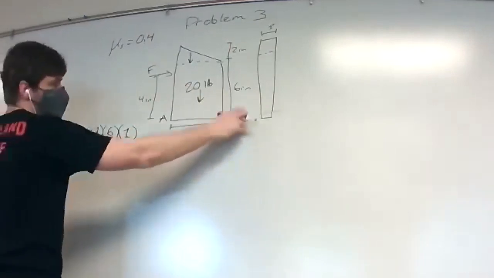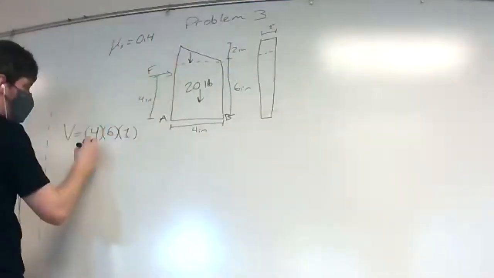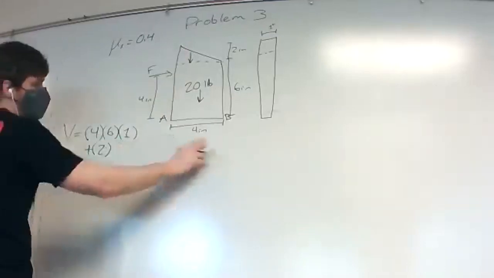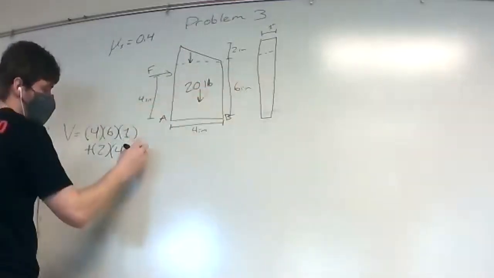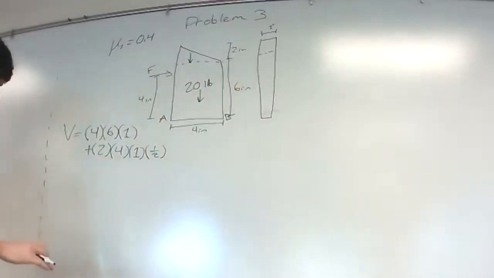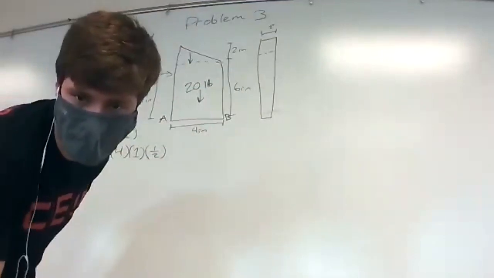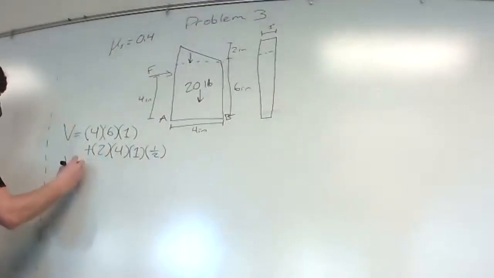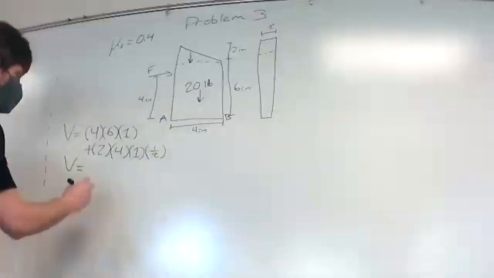So 4 inches times 6 inches times 1 inch. And then we have the triangle, which is going to be 2 inches times 4 inches times 1 inch, and we'll have half the volume. So the total volume here is going to be 28 cubic inches.